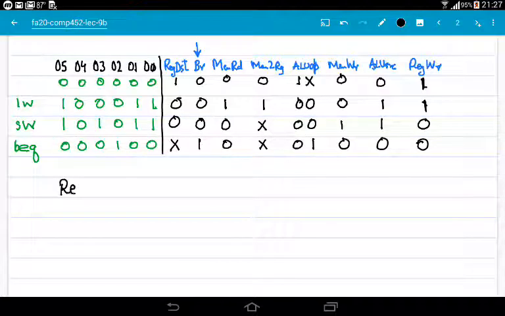Reading assignment. Oops, I hate this. Reading assignment is the last section.